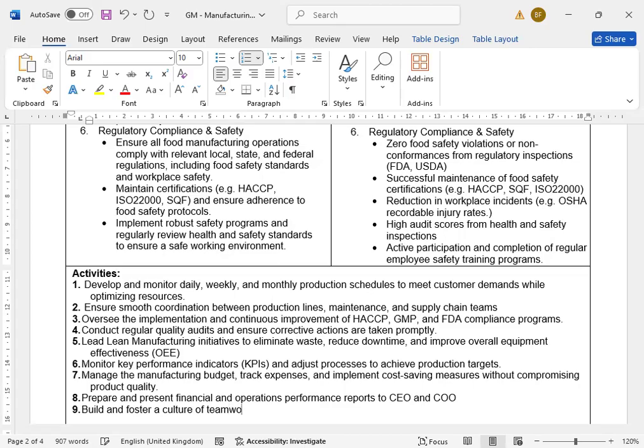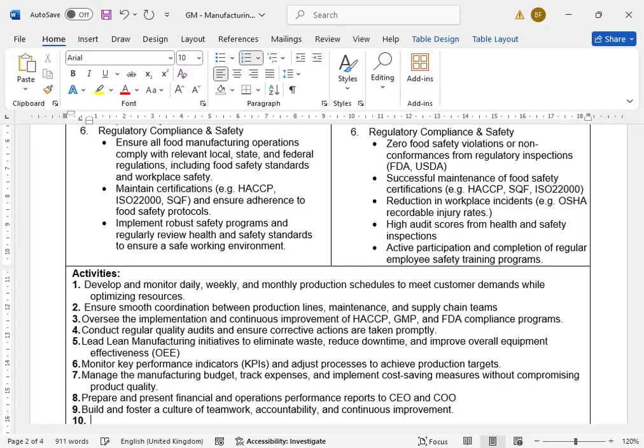Teamwork. Accountability and continuous improvement. CI. Continuous improvement. Okay.